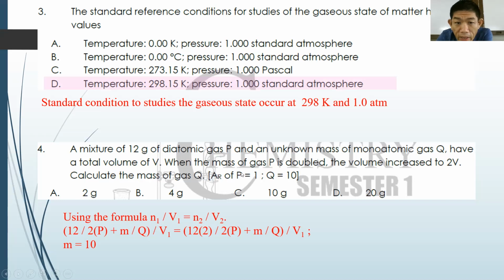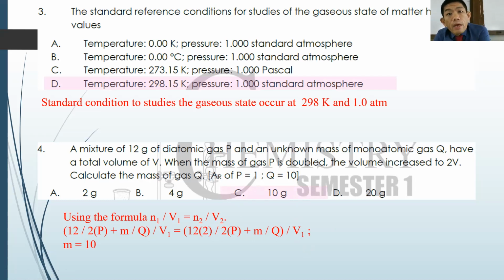When the mass of the gas P is doubled, the mass becomes times 2 over 2 plus M over Q. And then the volume increased by 2, so here it is 2V1. At the end of the day, you get mass equals 10. But like I said, the answer is wrong, so there shall be no answer for question number 4.